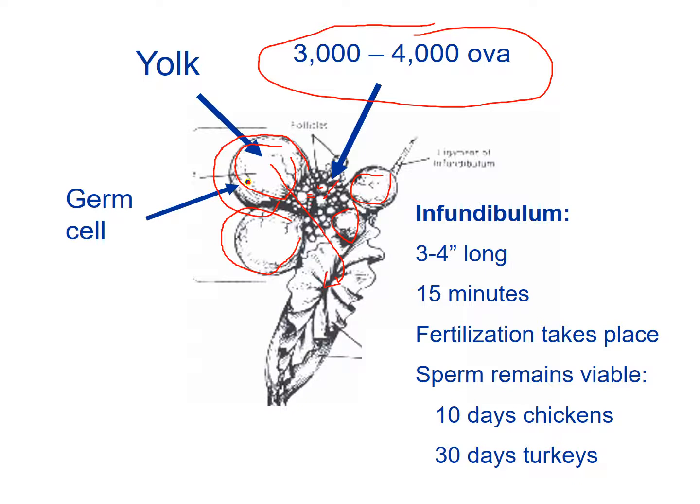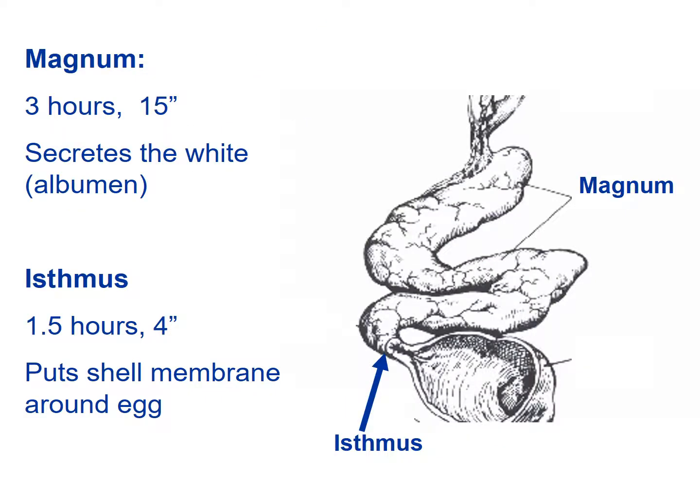Fertilization occurs in the infundibulum. The egg only remains in the infundibulum for about 15 minutes. And then the yolk comes down to the magnum.